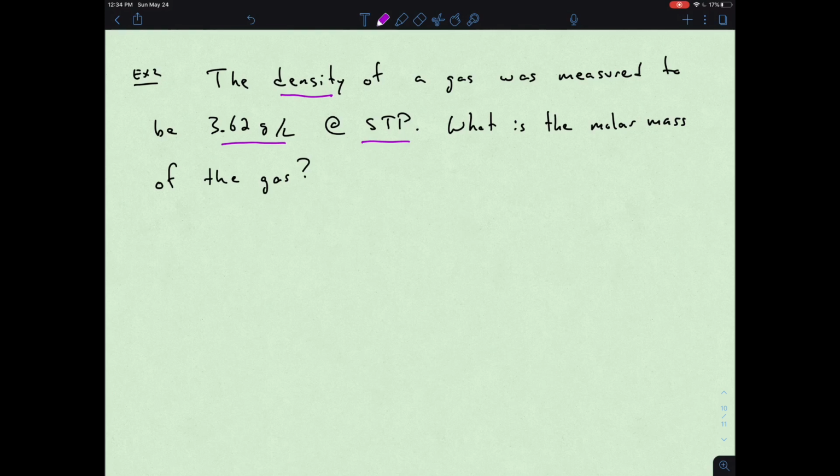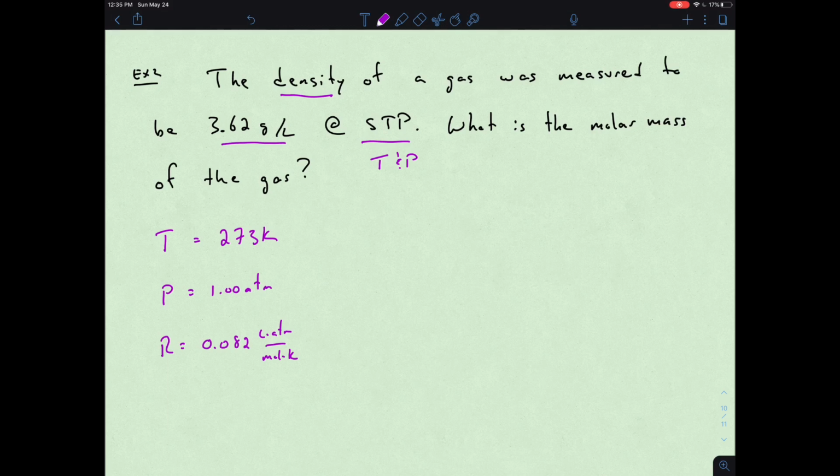And I have my standard temperature and pressure, which would be involved with STP. So my temperature would be the 273 Kelvin, and my pressure being the 1.00 atmospheres. We have the liter atmospheres per mole Kelvin as far as our R value.